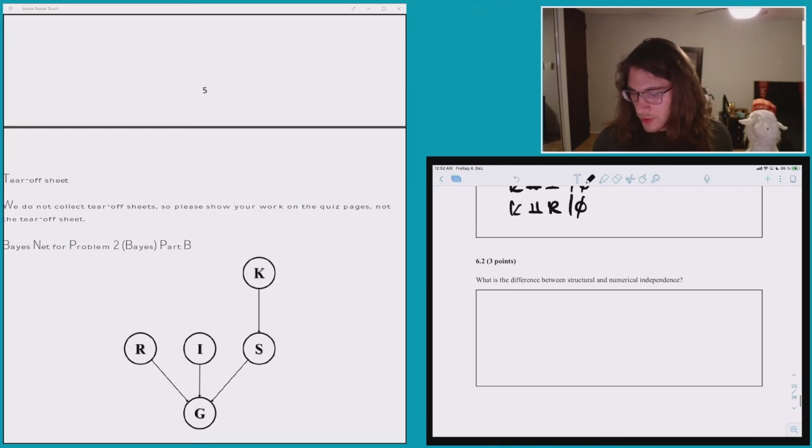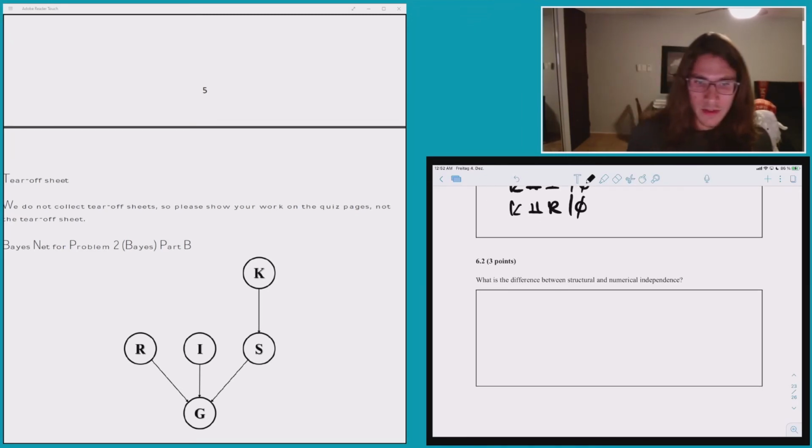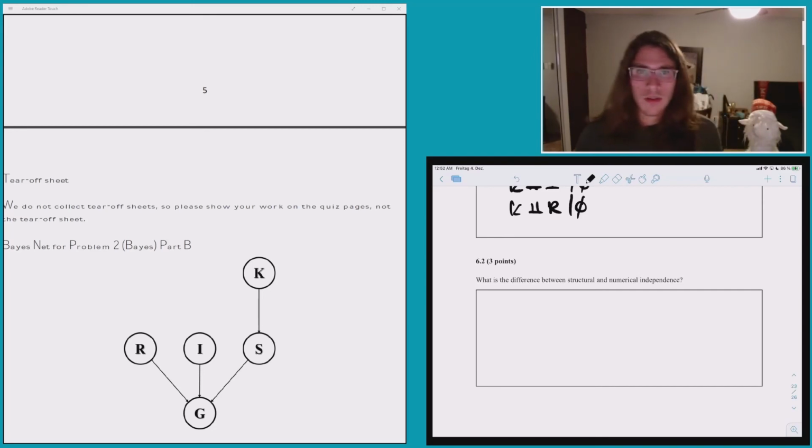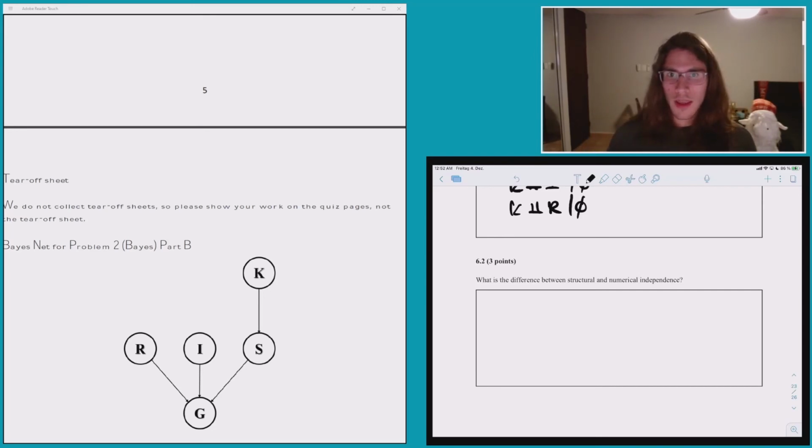And now this is something that I hinted at lightly in another question: what is the difference between structural and numerical independence? I won't write it because it involves a lot of words and it's easier to speak them. Structural independence is what we observe in these Bayes-nets when we perform d-separation and there's no connection between variables.